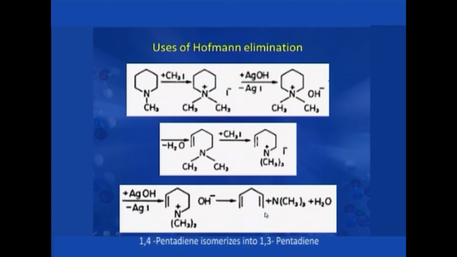So, if a natural product has this kind of nitrogen function, like in the case of piperidine, then we know that by two sets of exhaustive methylation and elimination reactions, we can separate the nitrogen function, that is trimethylamine, from the natural product, and that is how we elucidate the structure of the natural product.